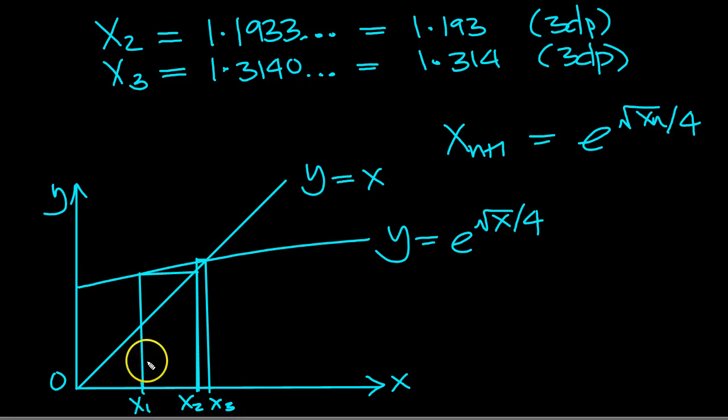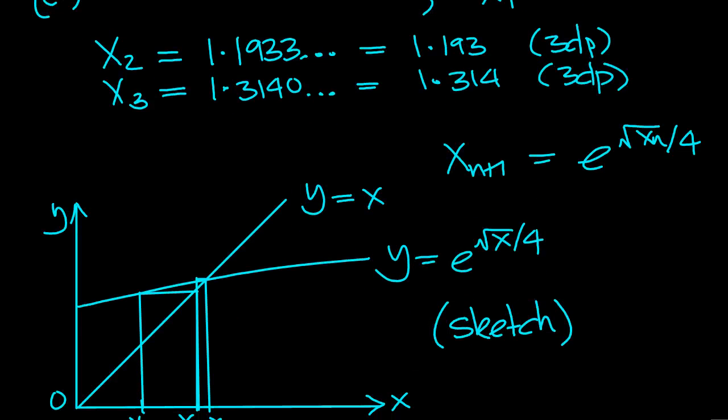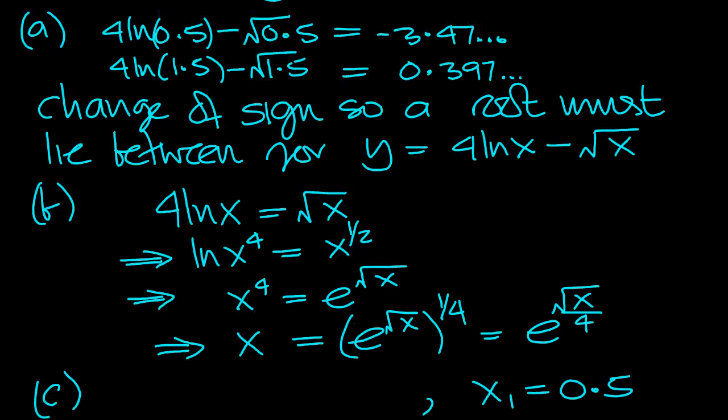So basically you input the first value, you go up to the value of y, which it calculated, then you put it back in the y equals x line to get your next input value, and then you go up there and you get your next one, which is your x3, reflect it through the y equals x line to go there, and then you put it in again and again, and you see these steps emerging. So this is just a sketch based on the printout in the actual paper of the plot, which would be much more accurately drawn, of course, and this would show it much more clearly. So I think that concludes the question.